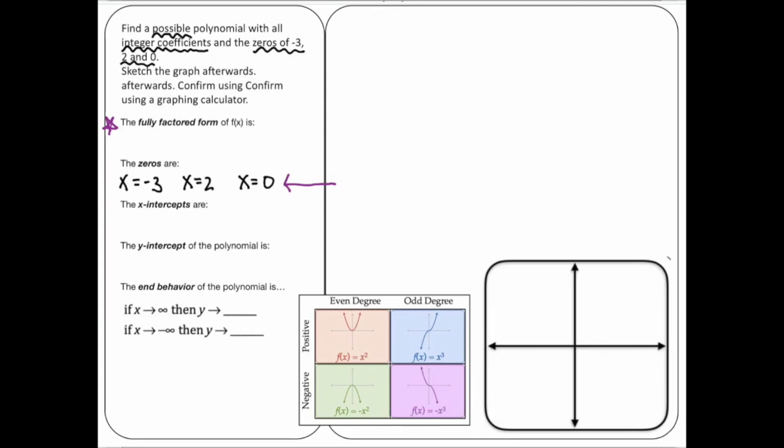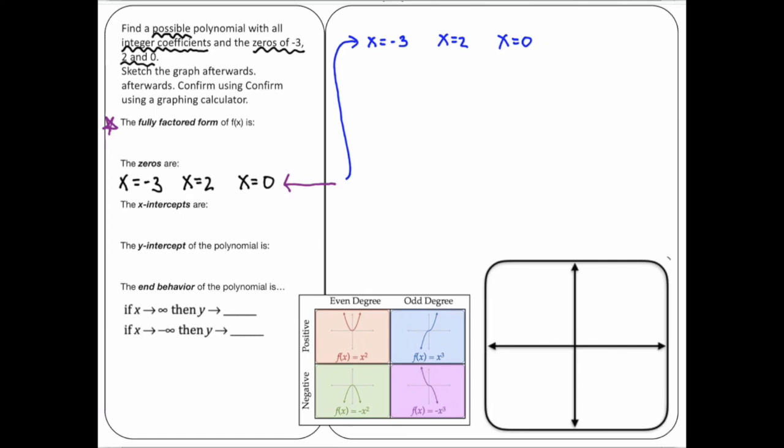Okay, so we have the zeros, and we know that the zeros are answers to factors of a polynomial that are set equal to 0. So what we're going to do is work backwards to find this fully factored form. I'm going to take each one of the zeros and try to get each one of these to equal 0.